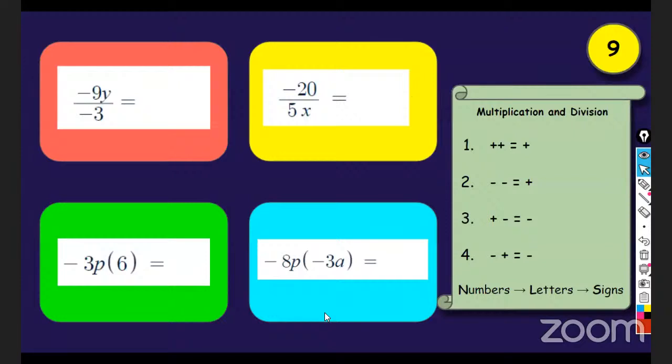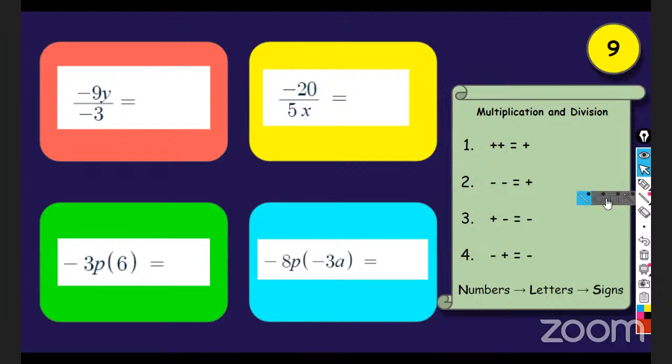Let's go. The red question is a division question, and it has a letter.